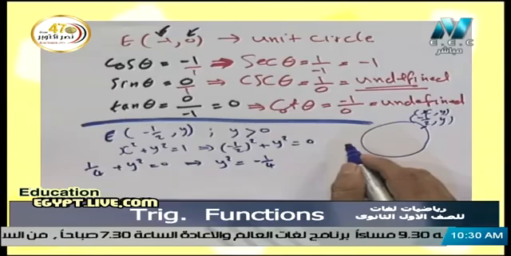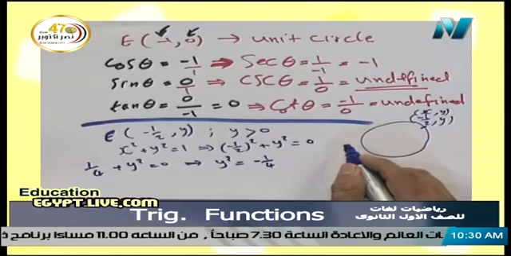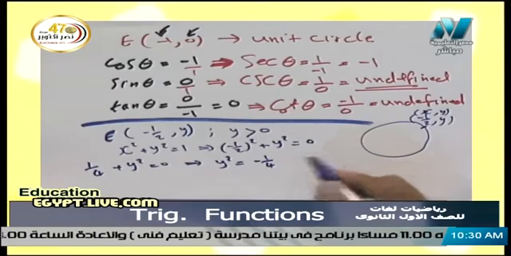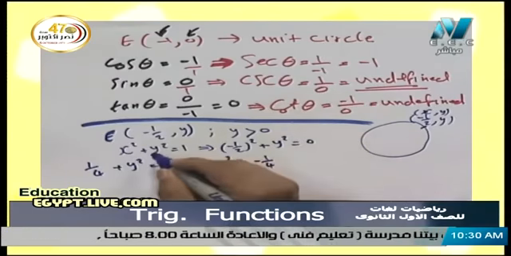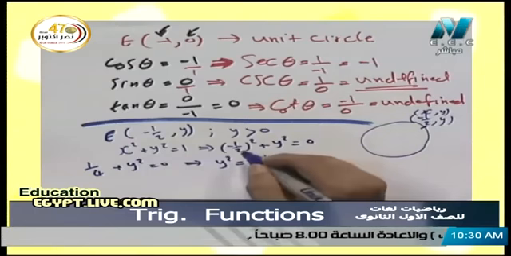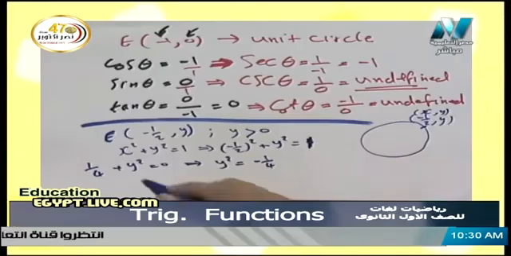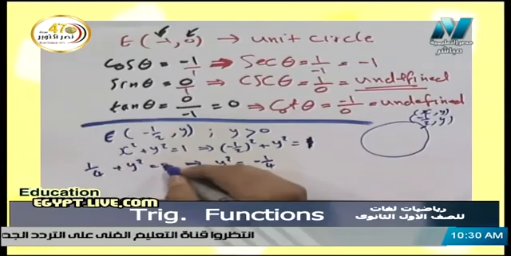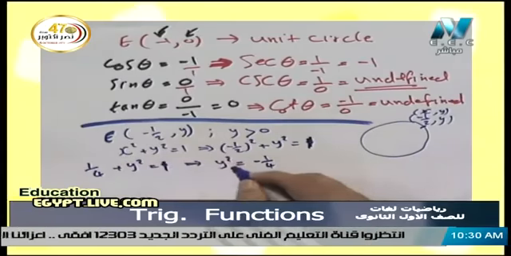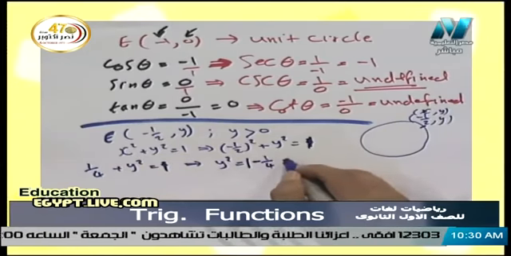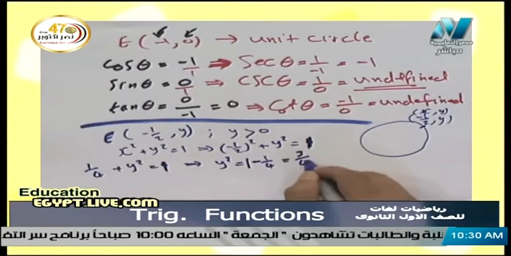Sorry, we have here x power 2 plus y power 2 equals 1. So negative half power 2 plus y power 2 equals 1, not 0. So 1 over 4 plus y power 2 equals 1, and of course y power 2 equals 1 minus 1 over 4, so equals 3 over 4.